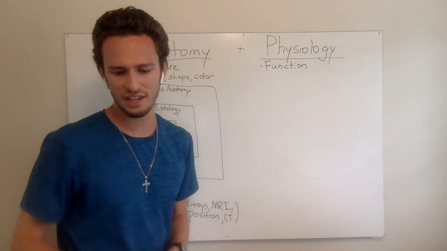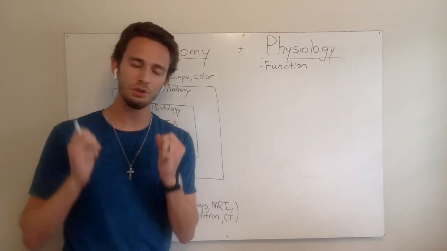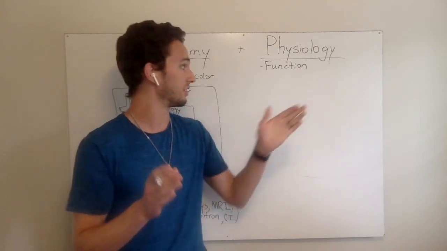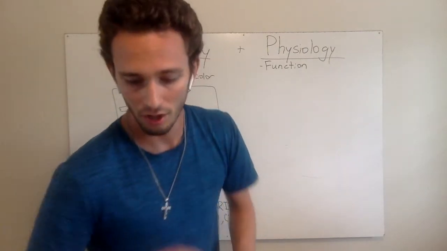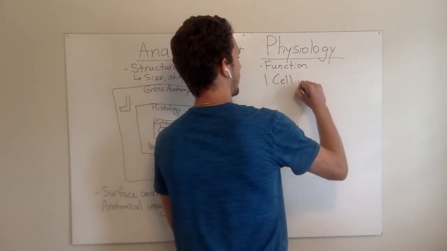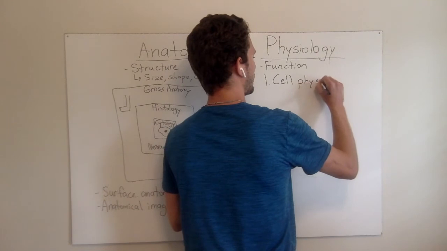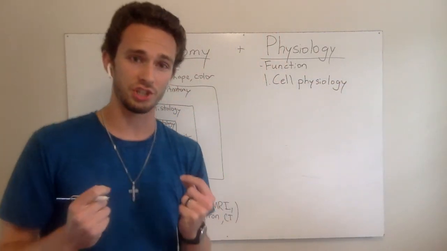Now, let's move on to physiology really fast. With physiology, once again, is the functioning of cells. We study it in two different parts. The first one is cell physiology. So we're looking at specific types of cells and their specific functions.